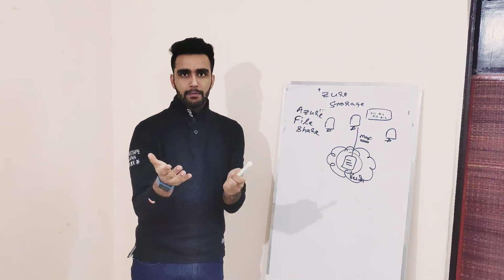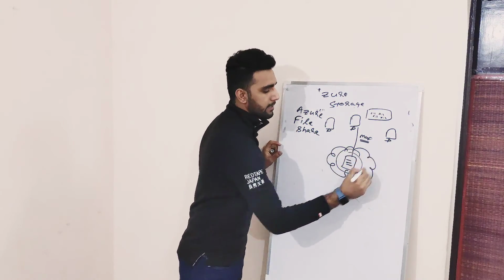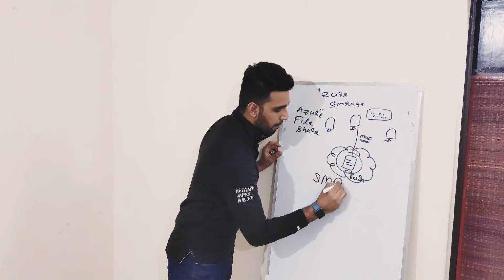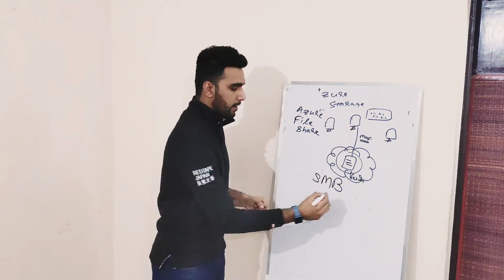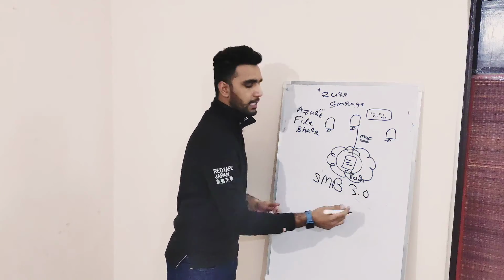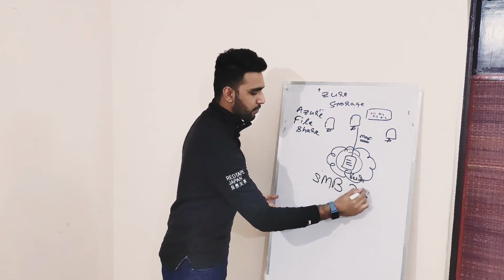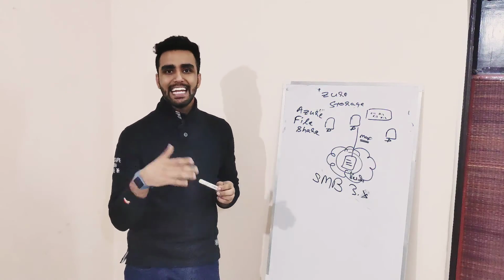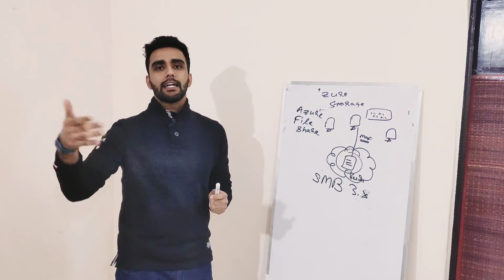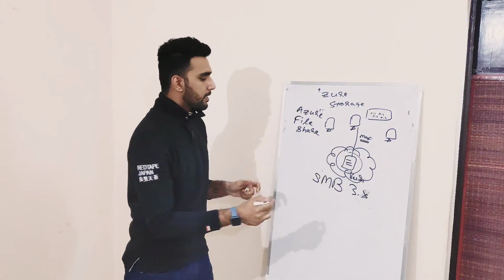If you're using an on-prem server, that would use a protocol called SMB. SMB stands for Server Message Block. Sometimes SMB 3.0 or 3.1, or let's call it 3.x for a moment, right? So SMB 3.x is used by the most latest Windows servers that are converted into file servers.